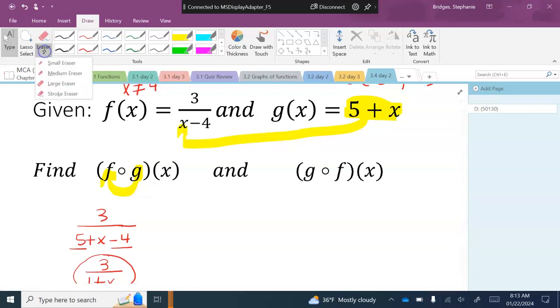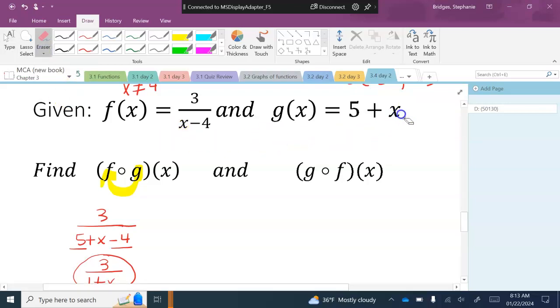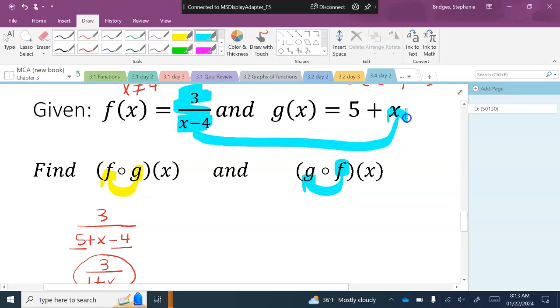I want to get some of you started because some of you are on the right track, just kind of stuck. Let's take f and put it into g. So this whole f function is going to be put in place of x there. So it is going to be 5 plus that entire f function. And then I saw some of you doing this, which is the perfect next step.